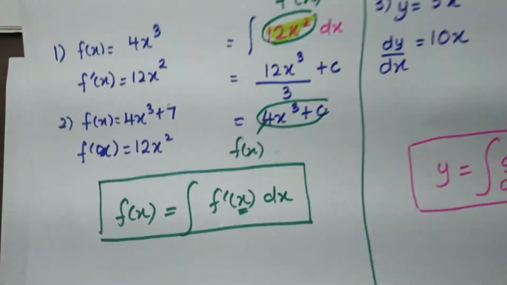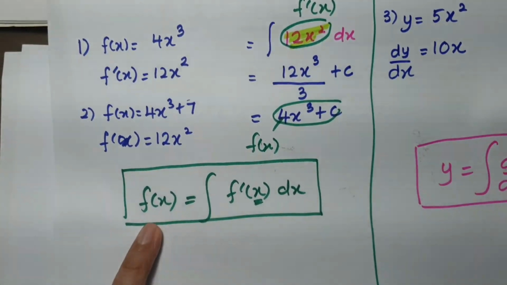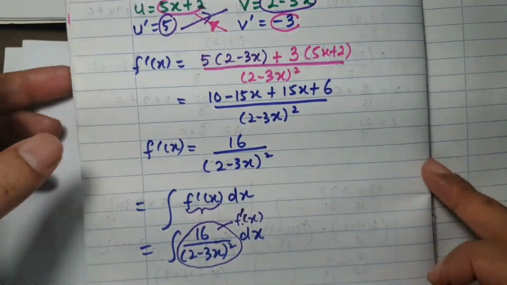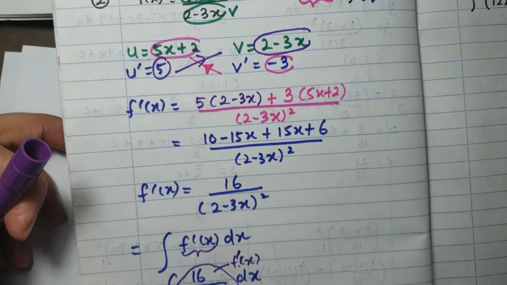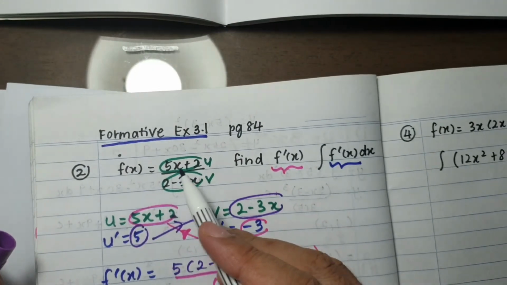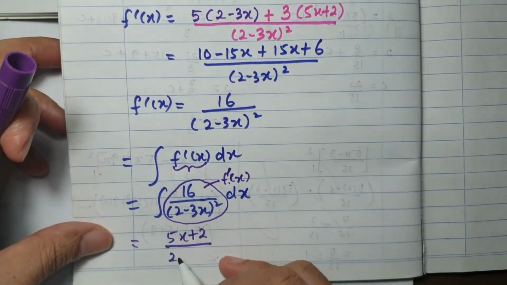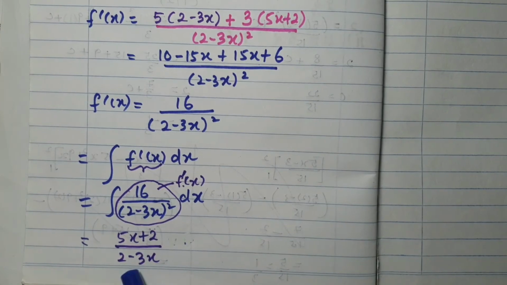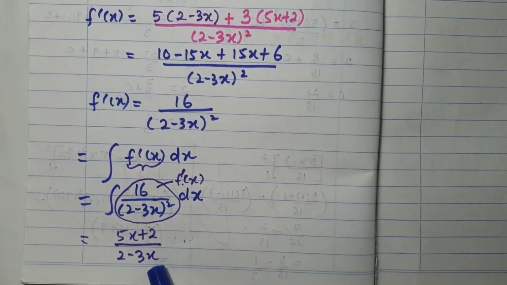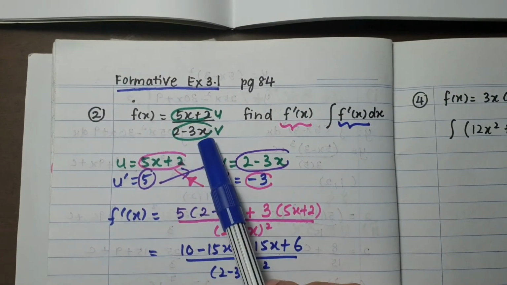So integration of f prime x with respect to x, the result is f(x). So what is your f(x)? This is your f(x). So we can write f(x) is 5x plus 2 over 2 minus 3x. So your final answer is 5x plus 2 over 2 minus 3x, because your f(x) is 5x plus 2 over 2 minus 3x.